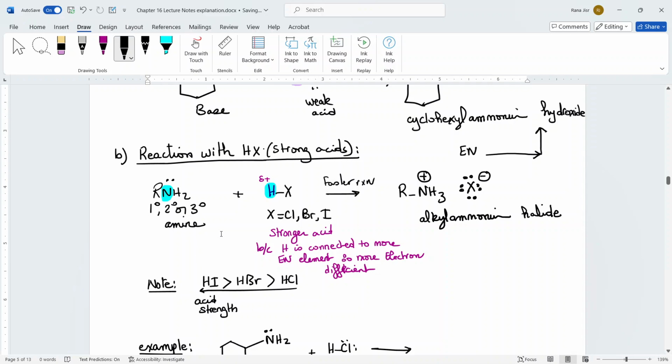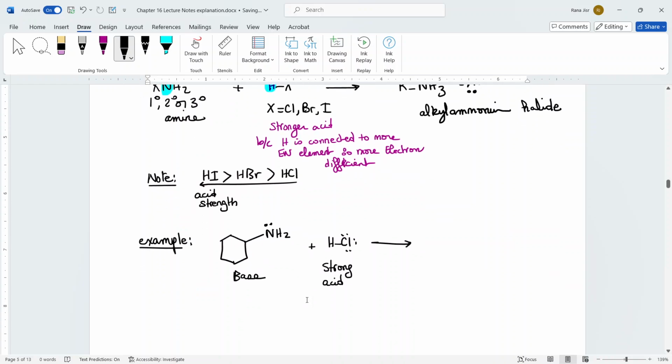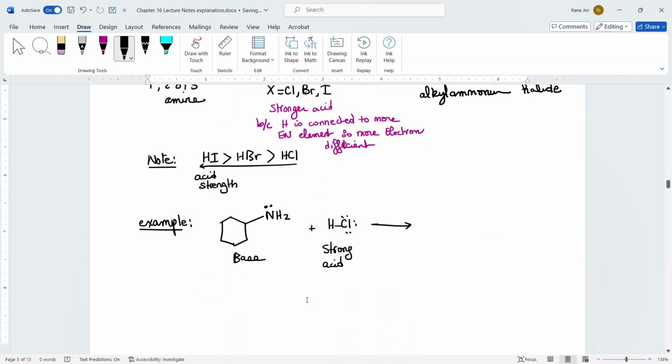Just know that hydrogen iodide is more acidic than hydrogen bromide, which is more acidic than hydrogen chloride. Okay. Let's have examples in there. So HCl is a strong acid. You choose the acidic hydrogen from the acid part. You choose the basic nitrogen from the base in there.